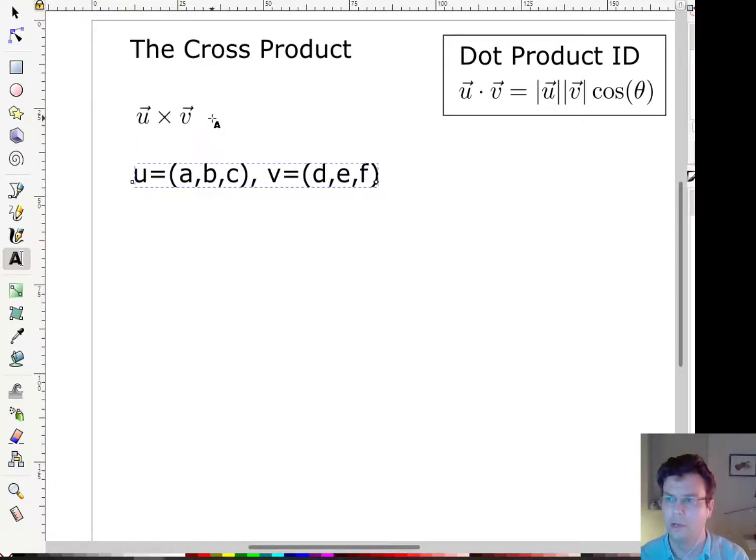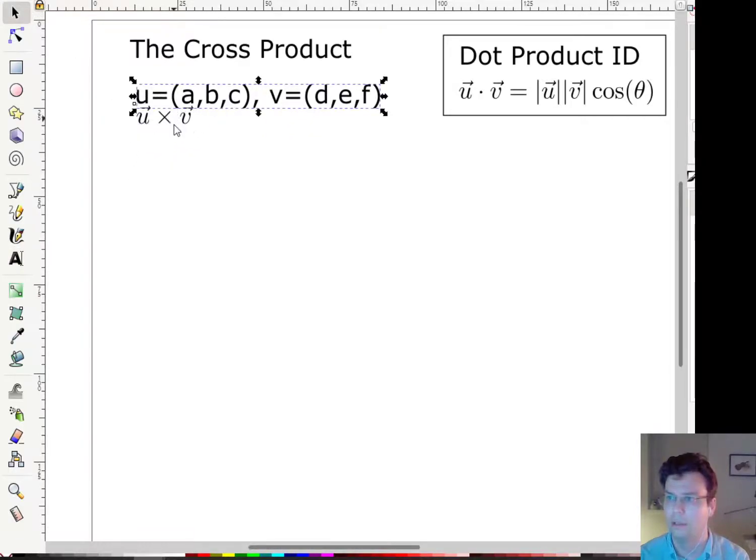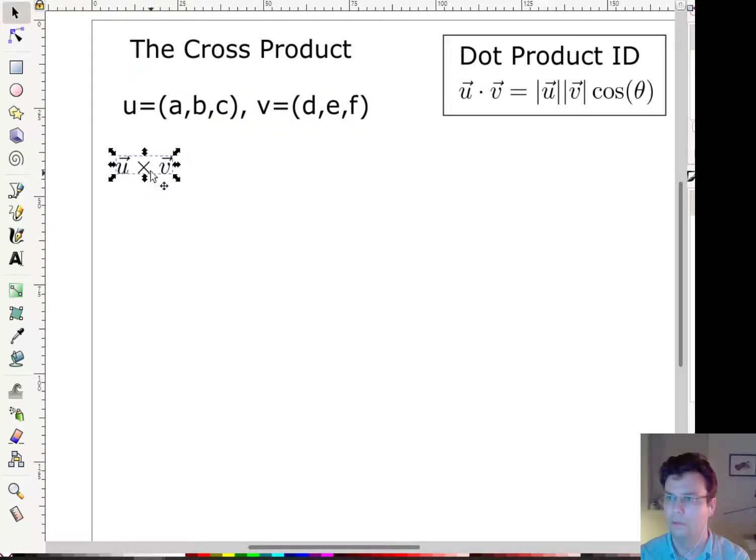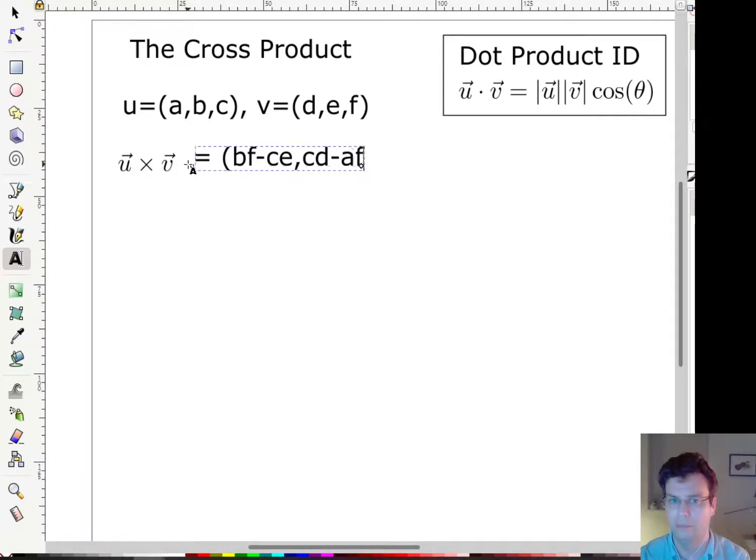Then the cross product between u and v in terms of those coordinates is actually a vector, not a scalar, so we're going to have an x, a y, and a z. The x is b times f minus c times e. The y is c times d minus a times f. And the z is a times e minus d times b.